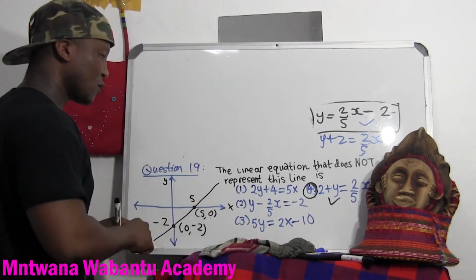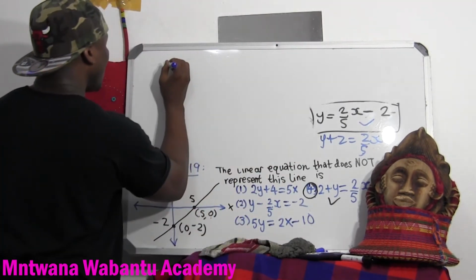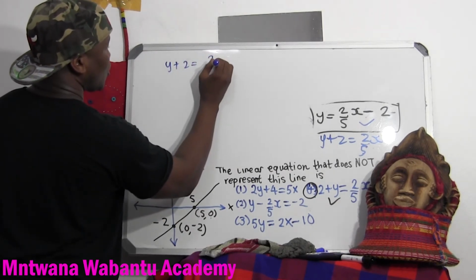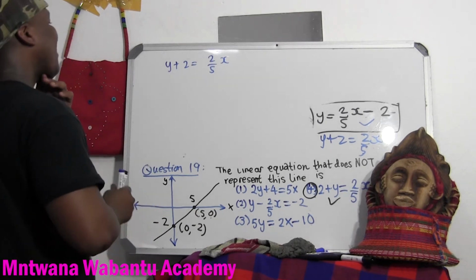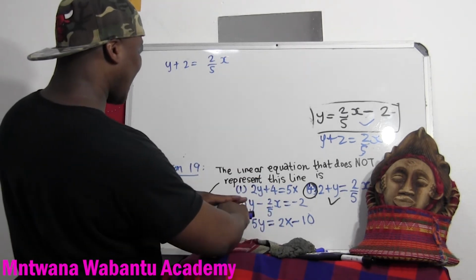Okay, so this is true. Now, let's take this one. So we say y plus 2 equal to 2 over 5x. So now we can play around. How are we going to play around? Look, I can multiply because all this other stuff is linear.